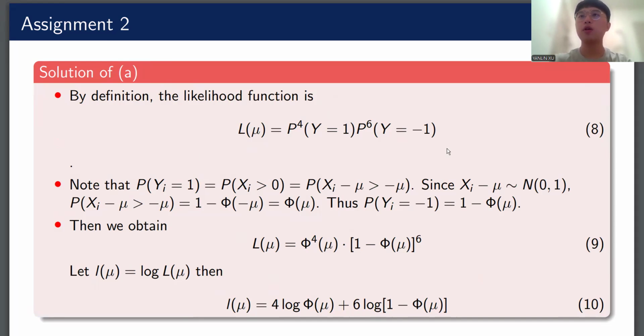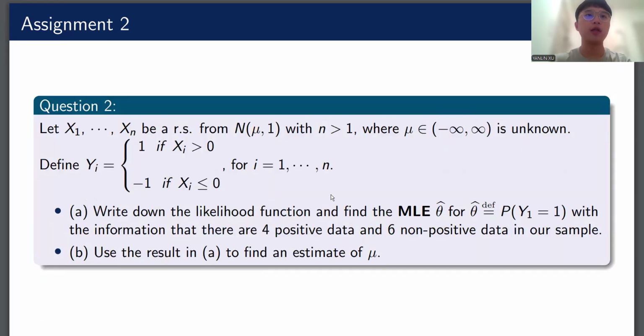But this is not the final result because we can simplify it. We know that the probability of Y_i equal to 1 is equal to the probability of X_i greater than 0, because that's the definition.